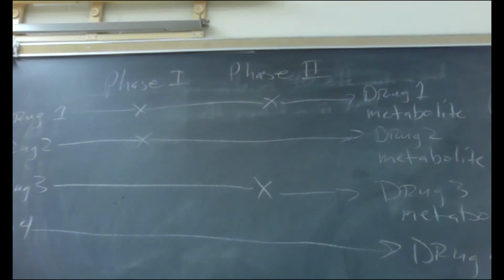Now, with 2C9, besides warfarin, the other drugs that are of concern are the oral hypoglycemic drugs that you use for diabetes. Those drugs, if you use them with an inhibitor, you can have severe hypoglycemia.